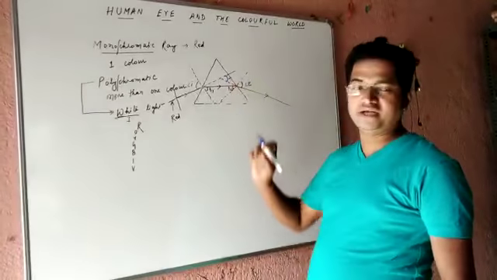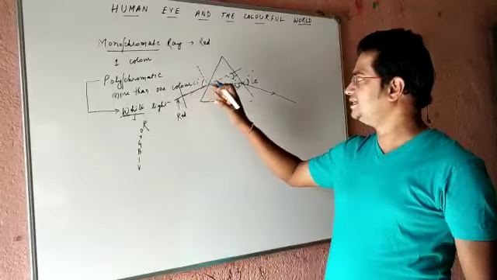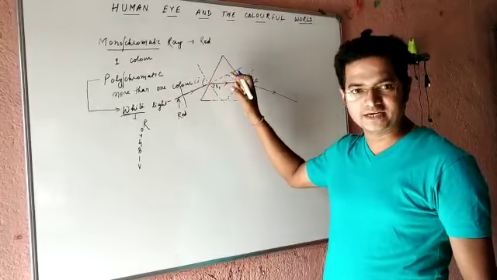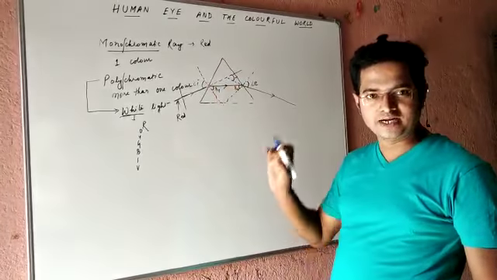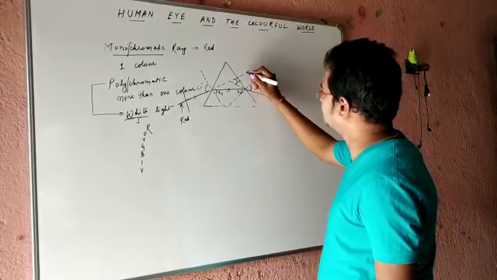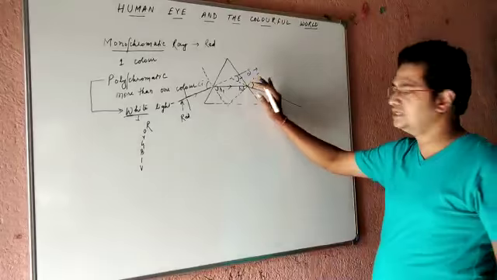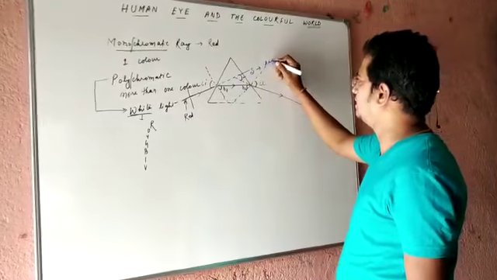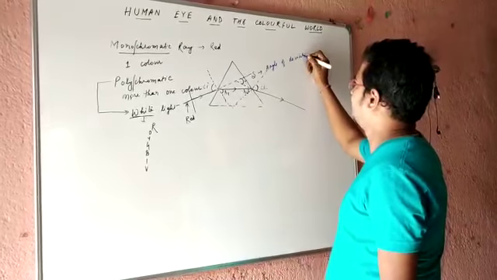So the angle of deviation is the angle by which the incident ray gets deviated from its path because of the phenomenon of refraction when it passes through a prism. It is represented by the Greek letter delta. We write here angle of deviation.